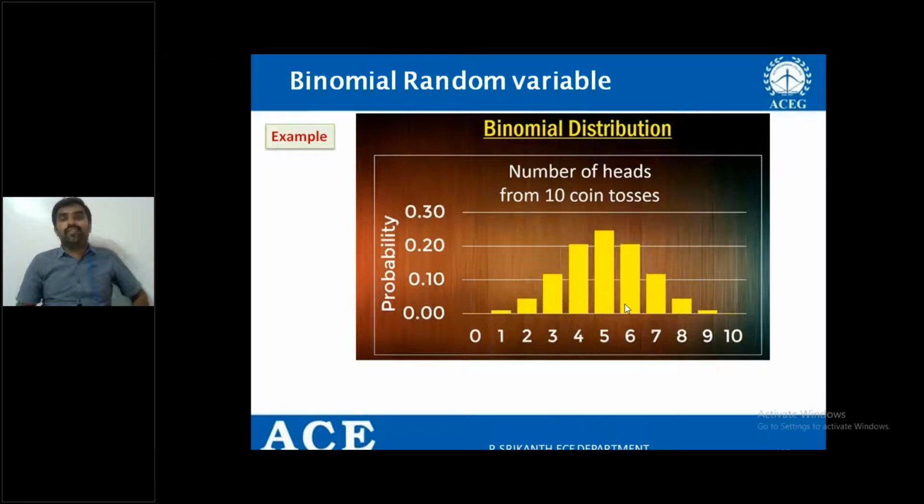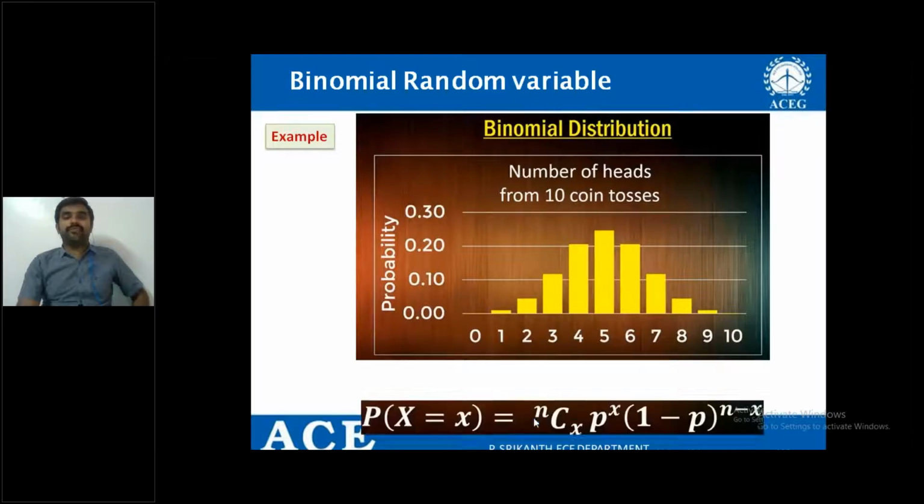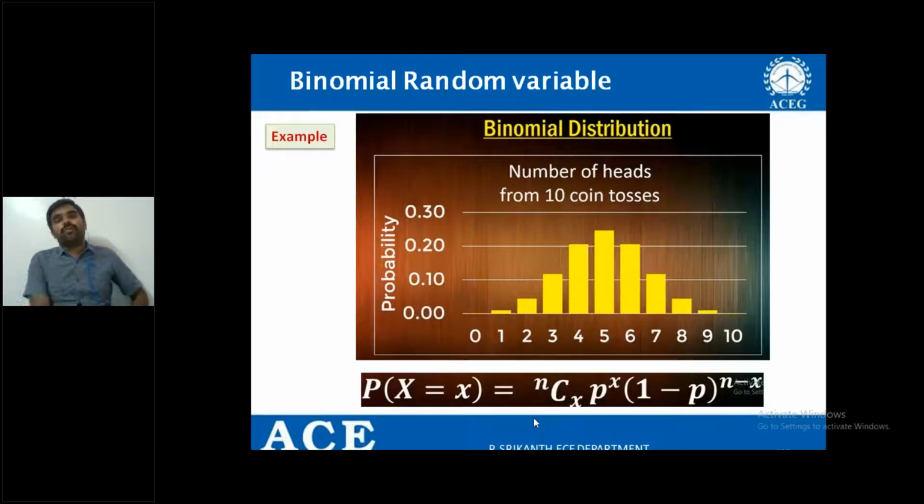That is, I toss the coin 10 times and the random variable is considered as the number of heads. Here the x-axis represents the elements of the random variable, that is 0 heads, 1 head, 2 heads, up to 10 heads, and the y-axis represents the probability value of each occurrence, right? And how can I write the probability here?